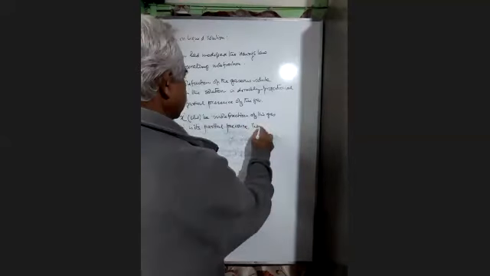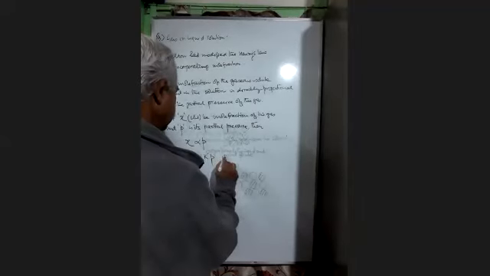In your book they have given only X, but it is not X, it is chi. Then chi is proportional to partial pressure P, or I can write chi is equal to K prime P. I have to use K prime because I have already used K there.